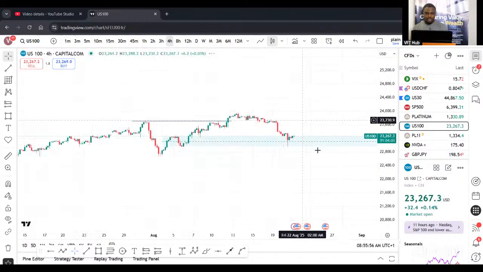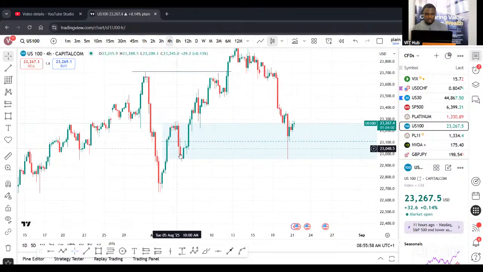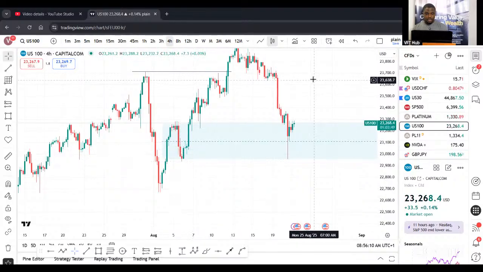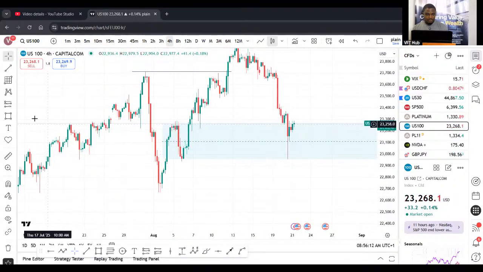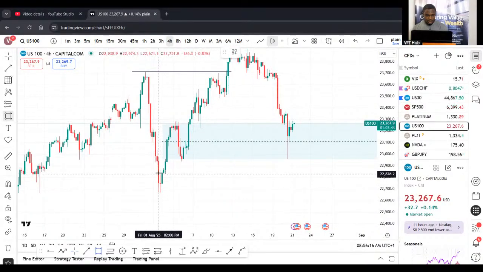On the 4-hour time frame, we would see all the areas, order blocks and all the interesting areas, have been mitigated to the upside. Although we still have one down here that has not been mitigated.